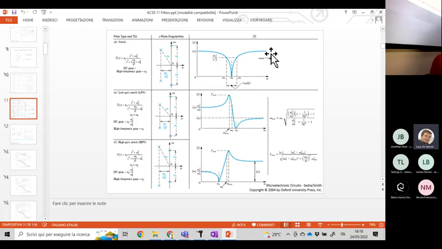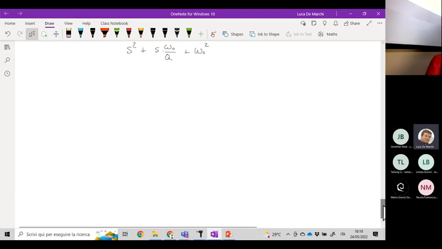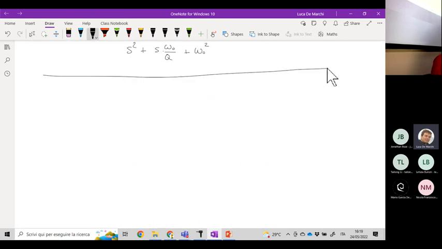But we may be interested in implementing different configurations in which omega_n is different from omega_0. To do so, we have to change the circuit a little, and we can base our analysis on this configuration. We have an initial branch, again consisting of an inductance plus a capacitance.